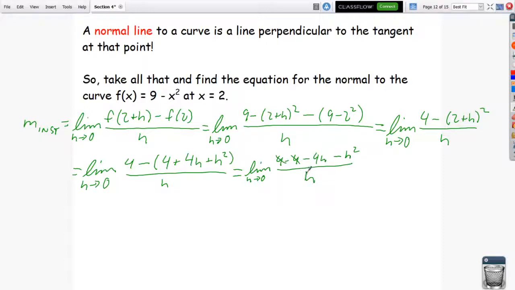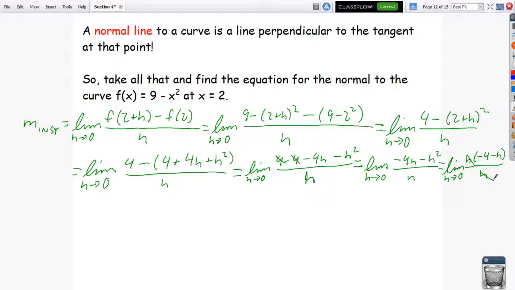4 and 4 cancel off. I'm left with limit as h approaches 0 of negative 4h minus h squared over h. I personally would factor out the h. You don't have to. There are other ways to do it, but this just lets me see it a little bit better. h times quantity of negative 4 minus h over h.